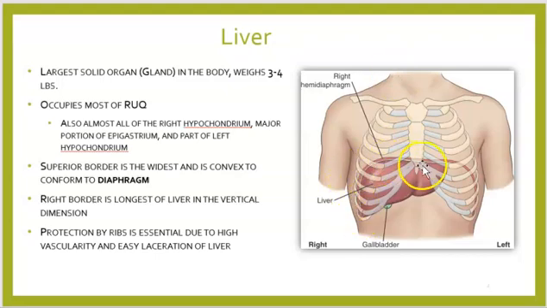On top of it we see the diaphragm again, that umbrella-shaped tissue right there. Specifically, we have the right hemidiaphragm over here and then the left hemidiaphragm over here. So it's the largest solid organ, technically a gland in the body, and it occupies most of the RUQ.